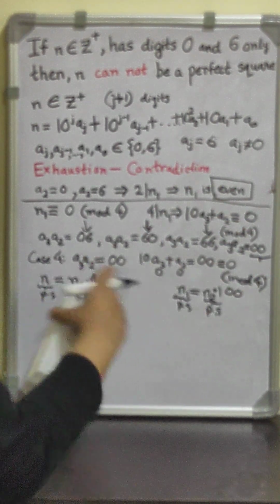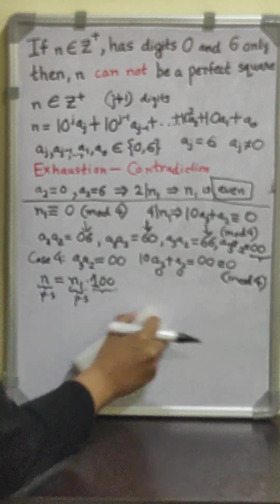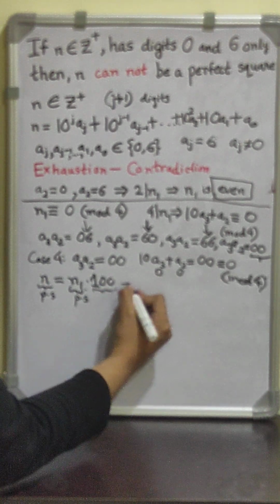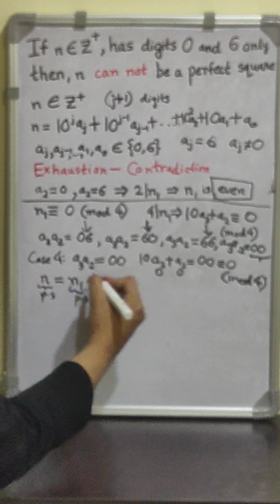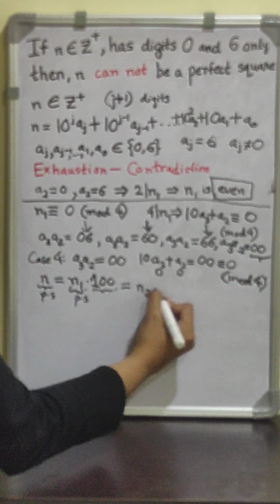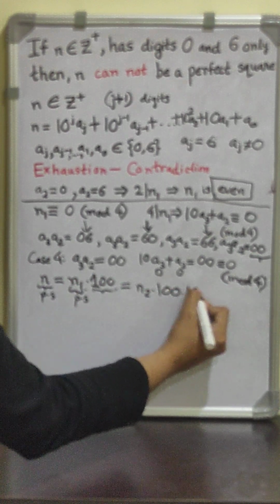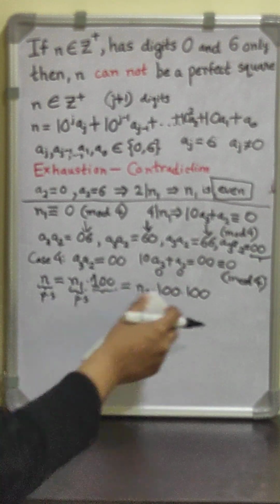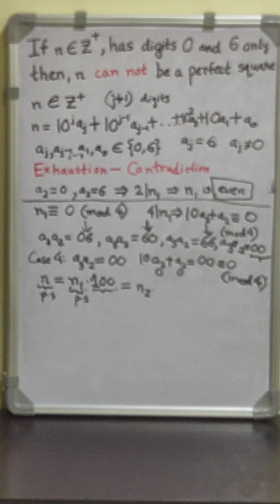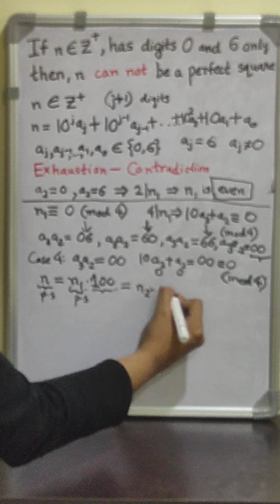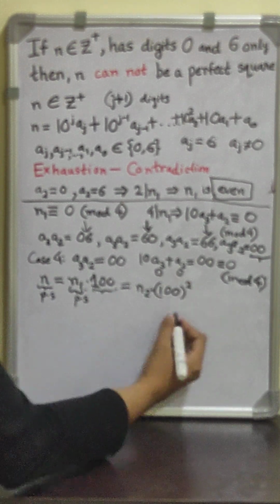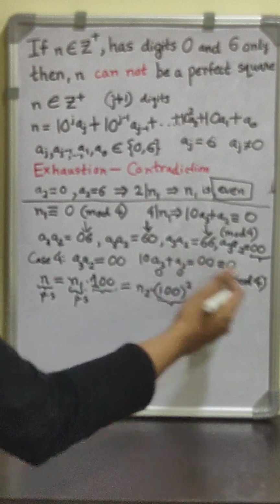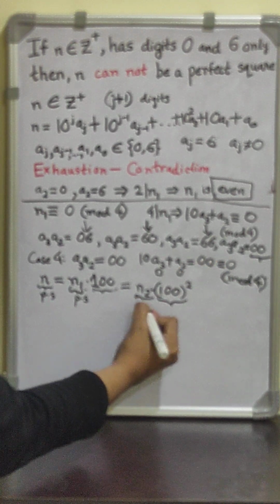So now if I plug this in here, can I write it as, because n1 is n2 into 100, 100. Ooh, there's a square term. Again, this is 100 squared. Perfect. Now this has to be the perfect square.